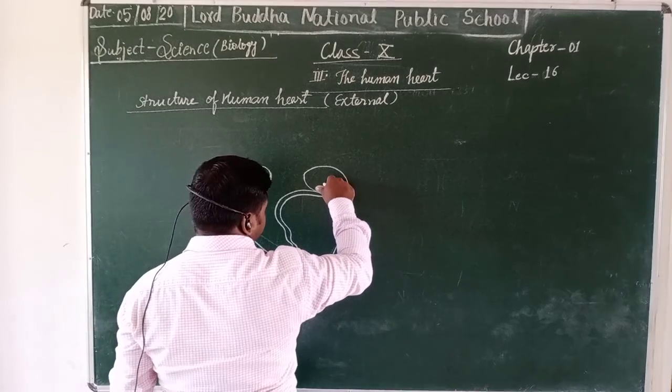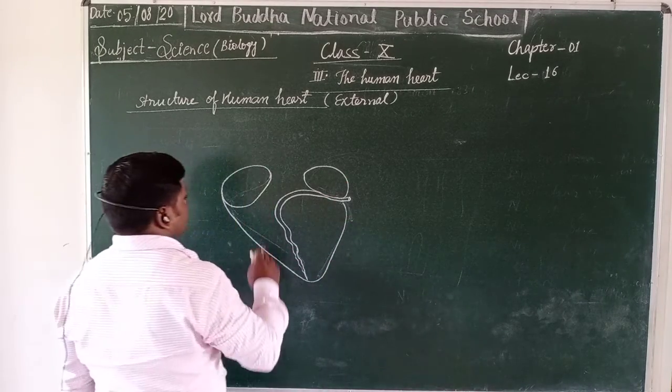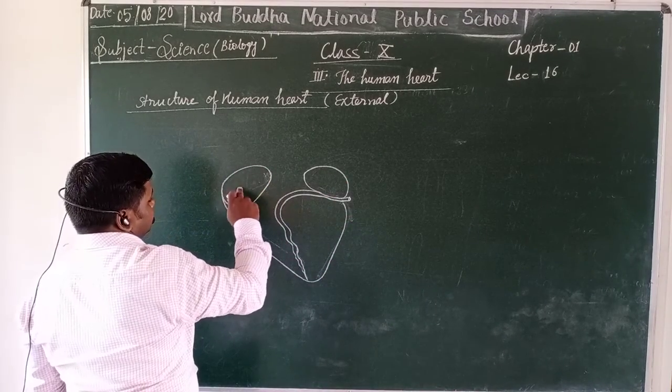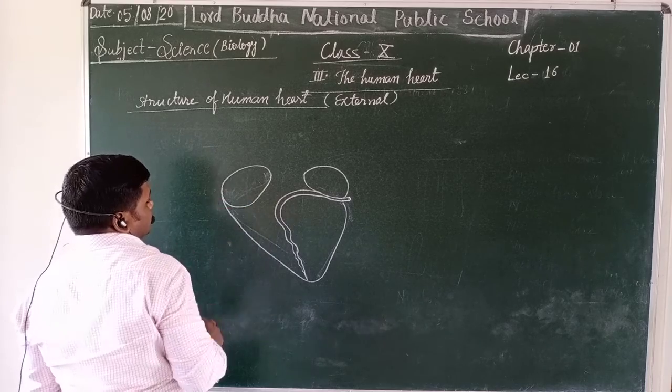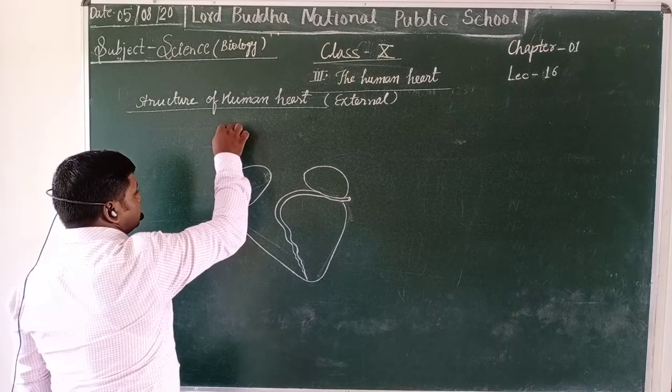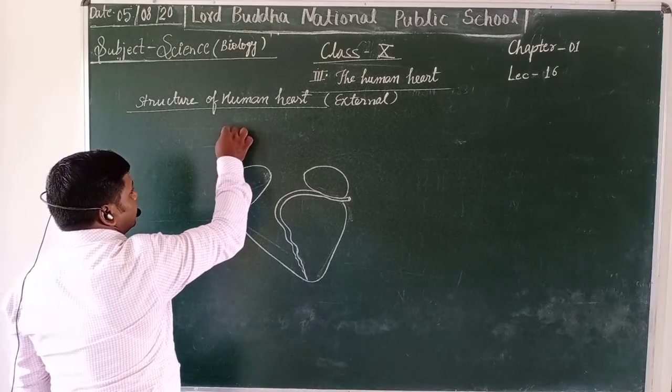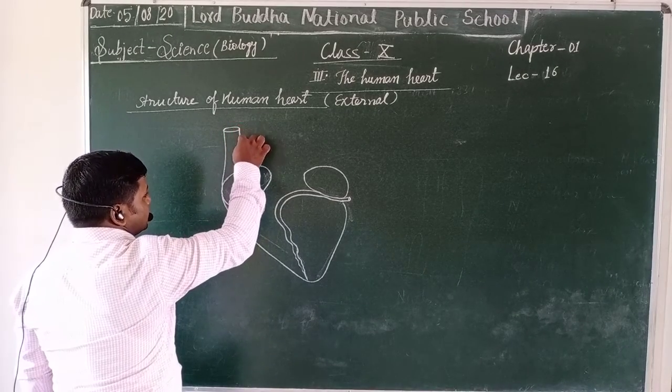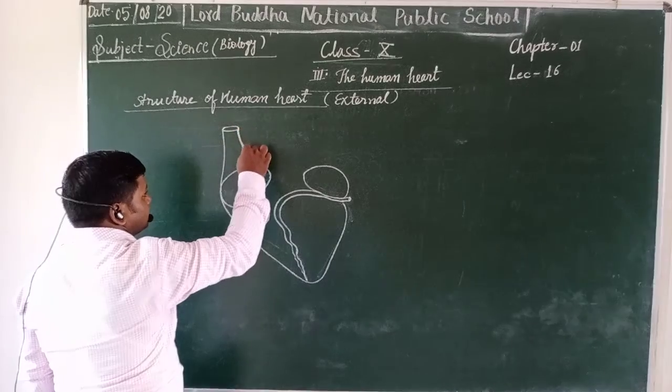This is the outermost layer of membrane that is called epicardium, and here this is the superior vena cava.